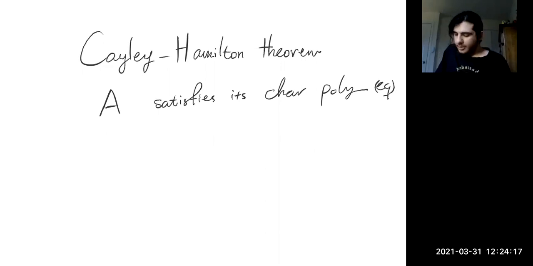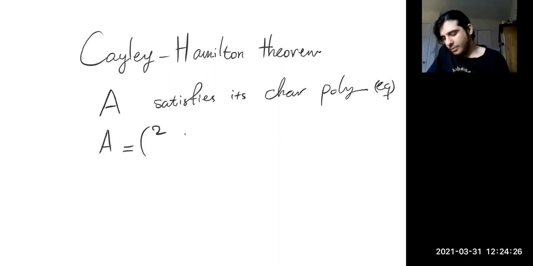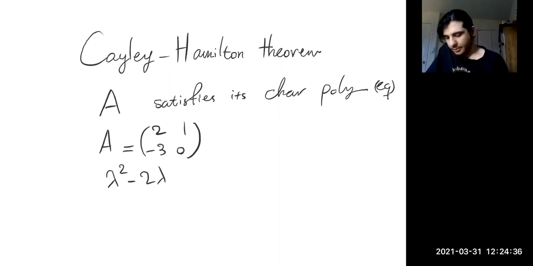Let's see what that means in this example. A was equal to 2, 1, minus 3, 0, right? And the characteristic equation was lambda squared minus 2 lambda plus 3 equals 0.